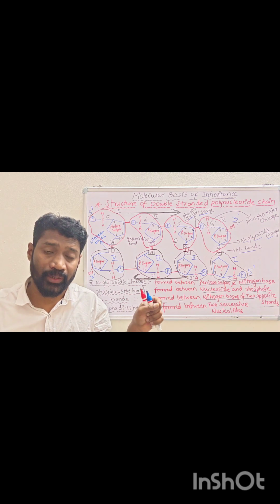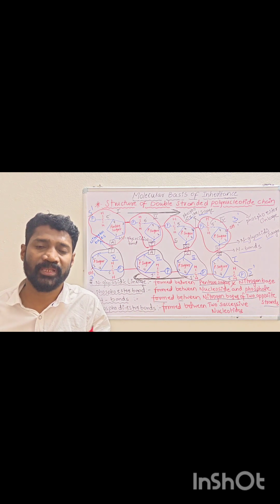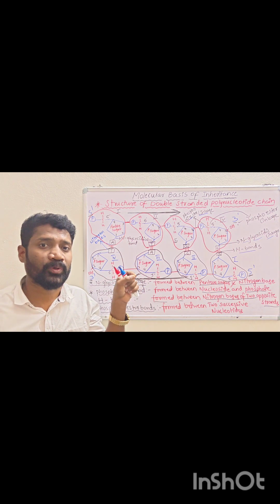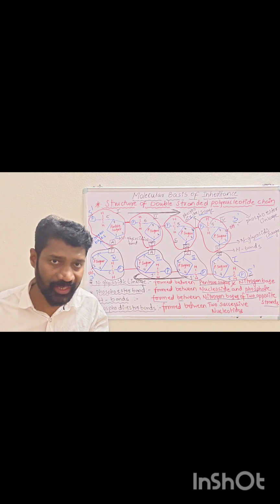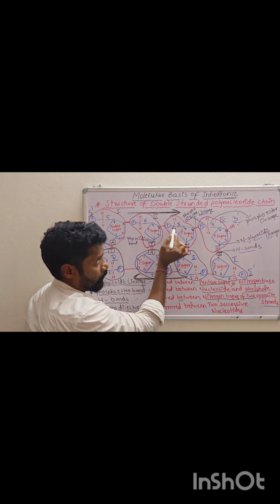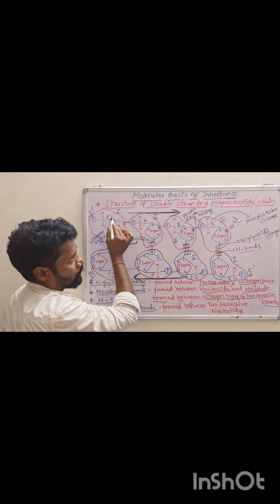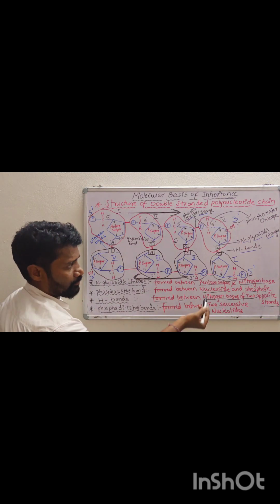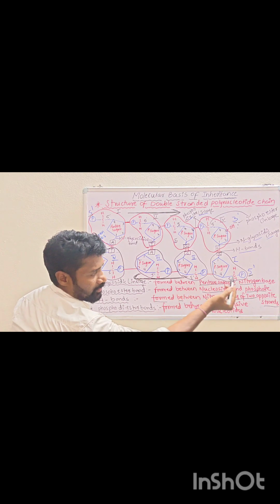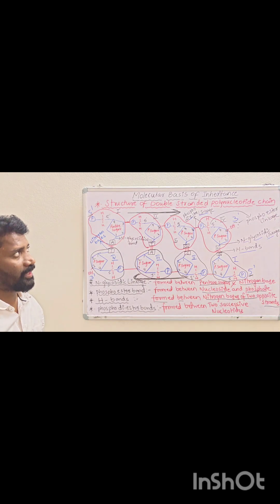Why is the growth direction of the new strand always 5 to 3? Due to the formation of 3 to 5 phosphodiester linkages, the new strand direction of growth is always 5 to 3. Here also it is the same: the phosphodiester linkage direction is 3 to 5, that's why the new strand growth direction is 5 to 3.